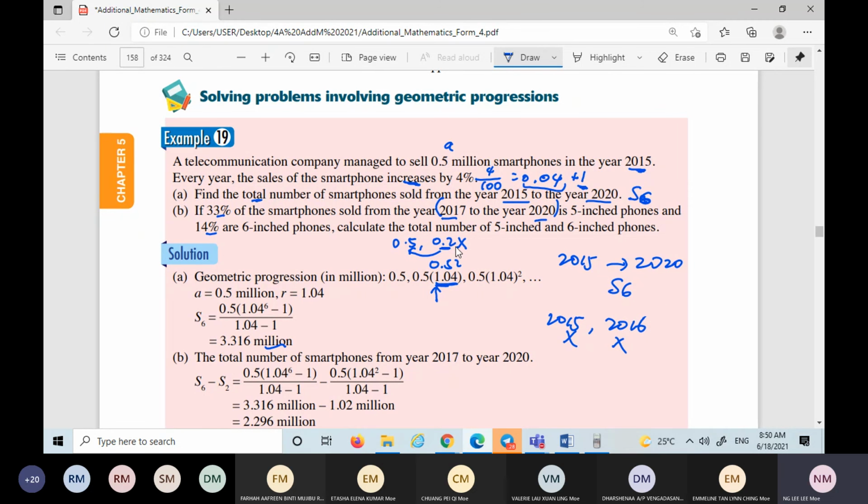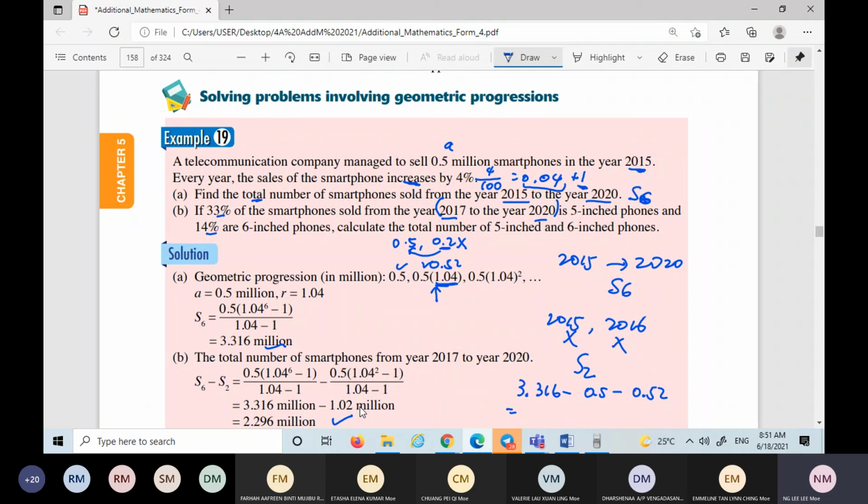You know your first term already, you know your second term already. Just get the S6 minus these two. If not, you can find S2 if you want. So you just get 3.316, minus the first term 0.5, minus the second term 0.52. Then you get the answer.